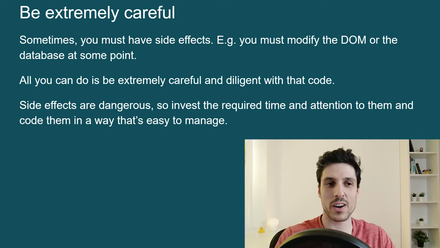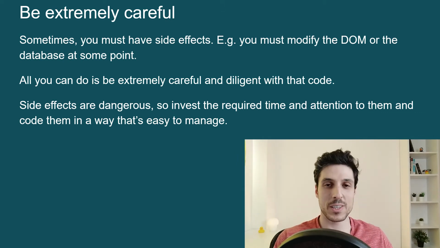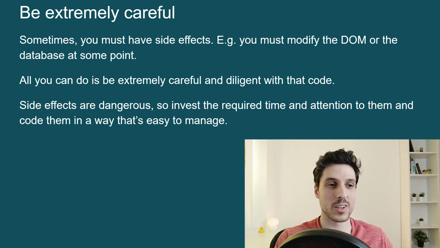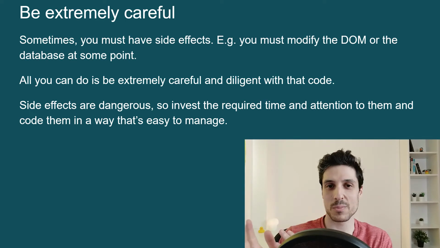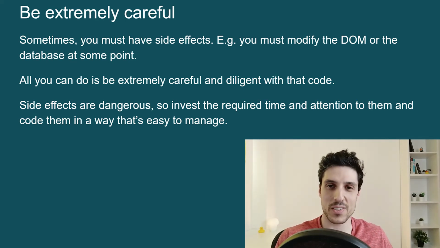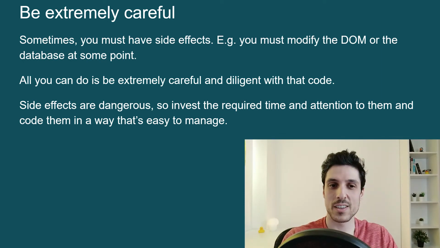So the pointers so far have been about avoiding as many side effects as you can, at least immutability and avoiding non-local scope. But you can't always avoid side effects. As we said, sometimes you must modify the database, you must modify the DOM, you just have to have side effects. So in this case, all you can really do is just be extremely careful with the code that you write.